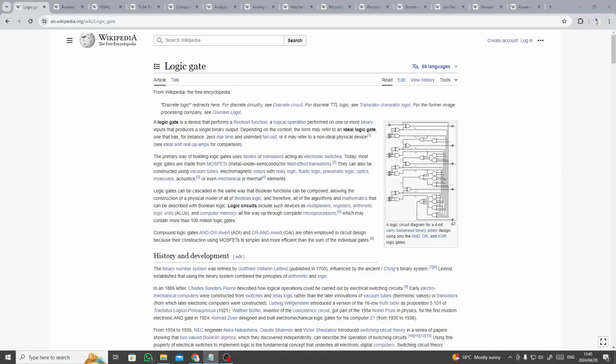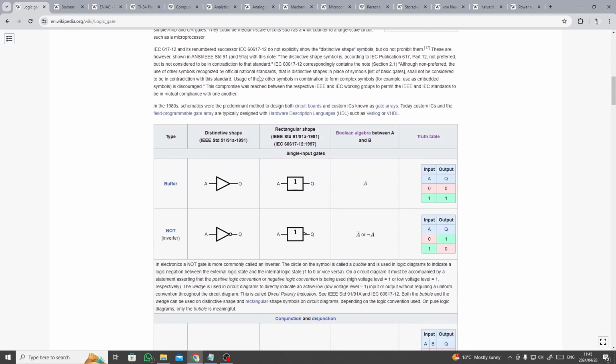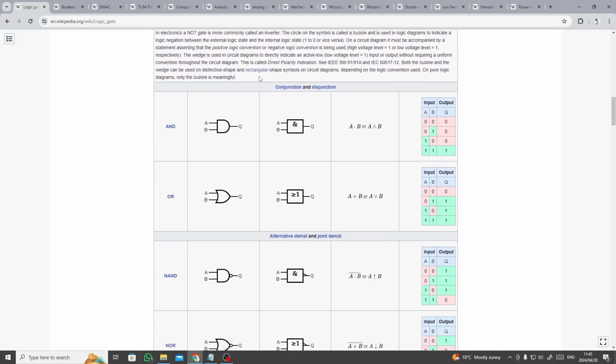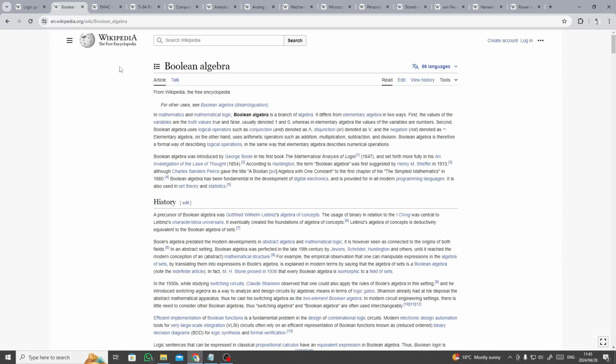Let us take a brief tour through the evolution of the computer by visiting the following Wikipedia articles. Logic and logic gates. Logical theories and constructs encoded into circuitry. Boolean algebra.